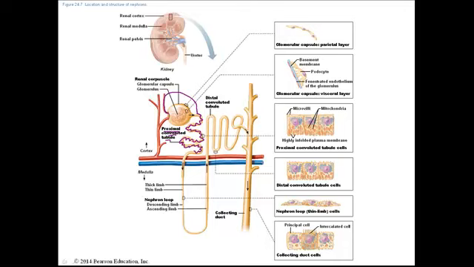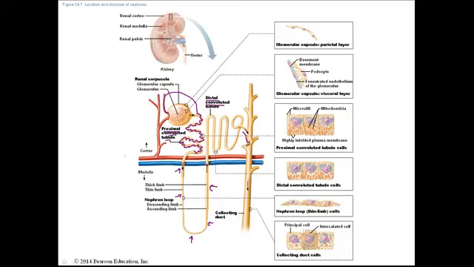Then it's going to descend. Here's the thick descending loop. Here's the thin descending loop. Here's the loop. Here's the thin ascending loop and the thick ascending loop. Then it's going to go into this distal convoluted tubule where it's all convoluted again. And that will finally end up in the collecting duct.